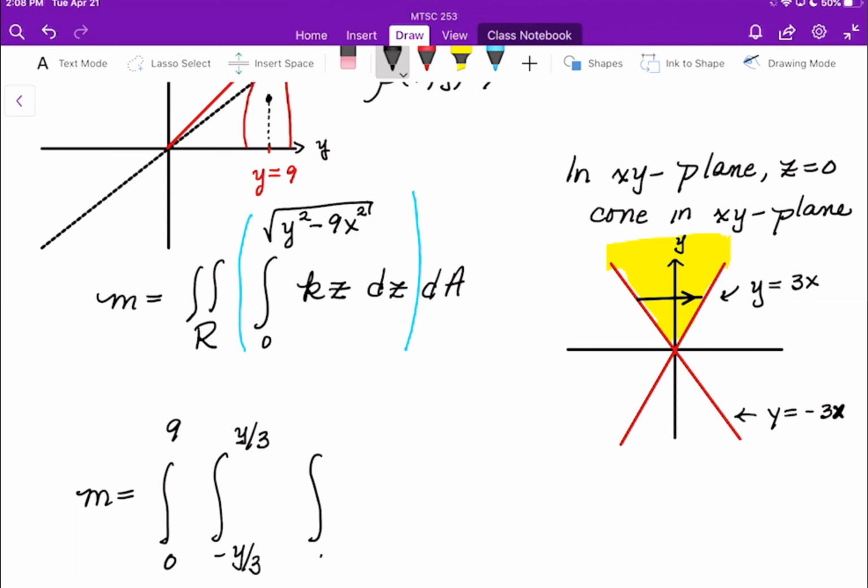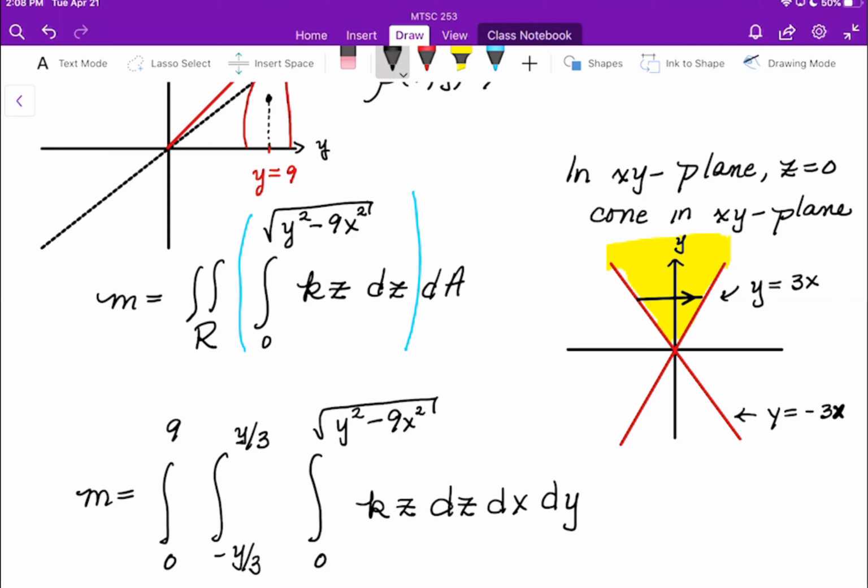And then z goes from 0 to the square root of y squared minus 9x squared. And then I get kz dz dx dy.